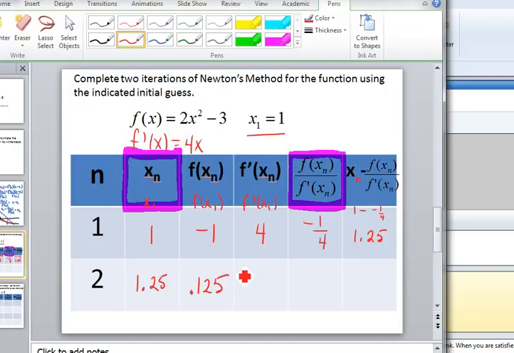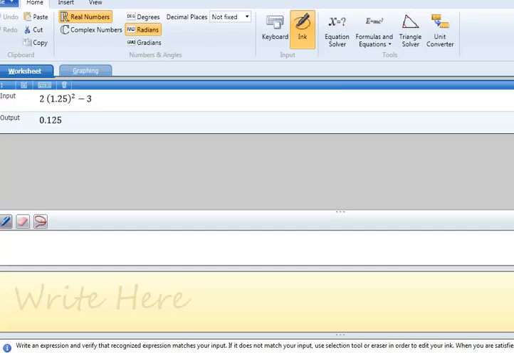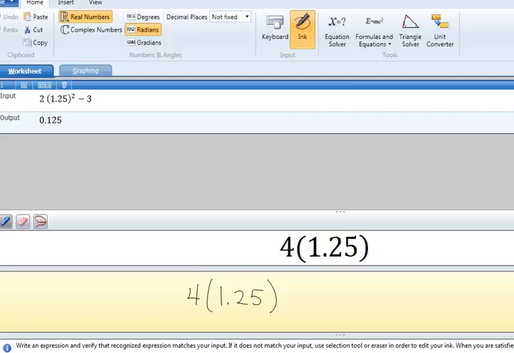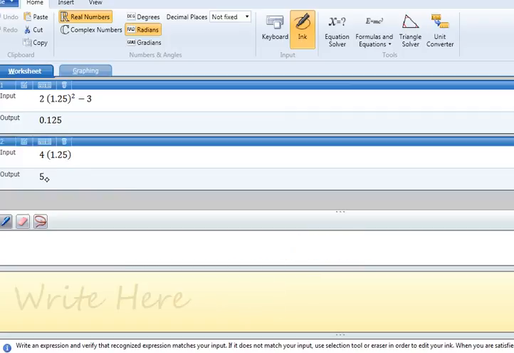0.125. F prime of x sub 2, you're going to plug 1.25 in for your x. So we'll go over here and write 4 times 1.25, and that gives me the answer of 5.